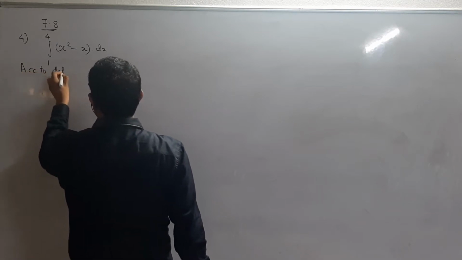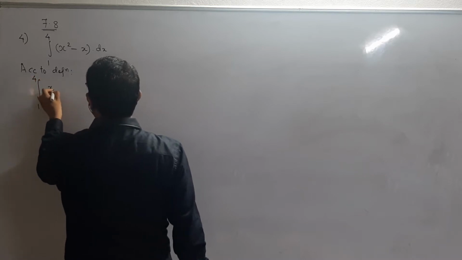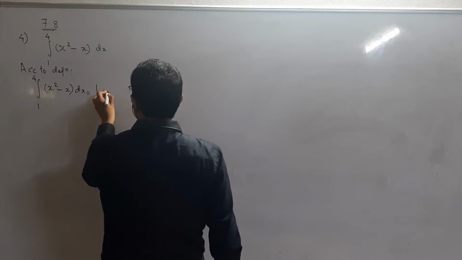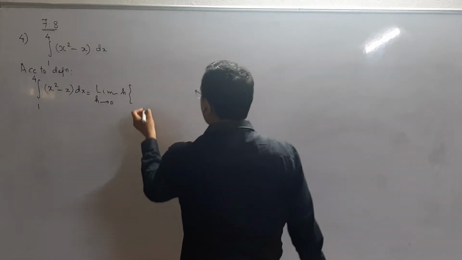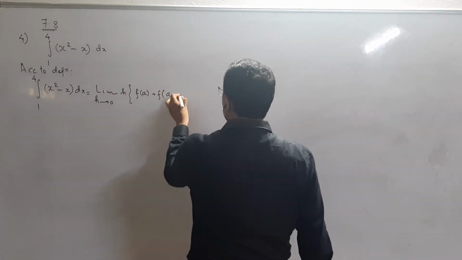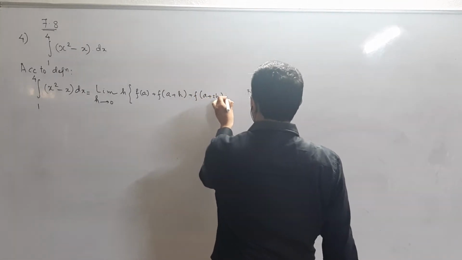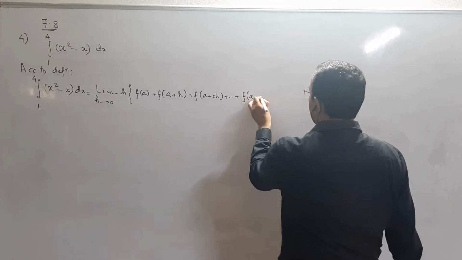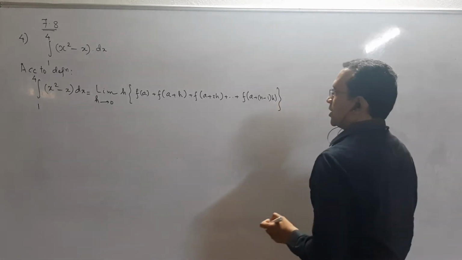According to the definition, integral 1 to 4 of x square minus x dx is equal to limit h tends to 0 of h into bracket f of a plus f of a plus h plus f of a plus twice h up to f of a plus n minus 1 into h.